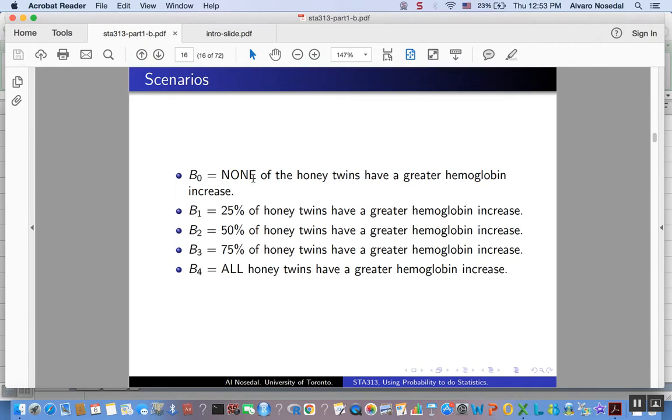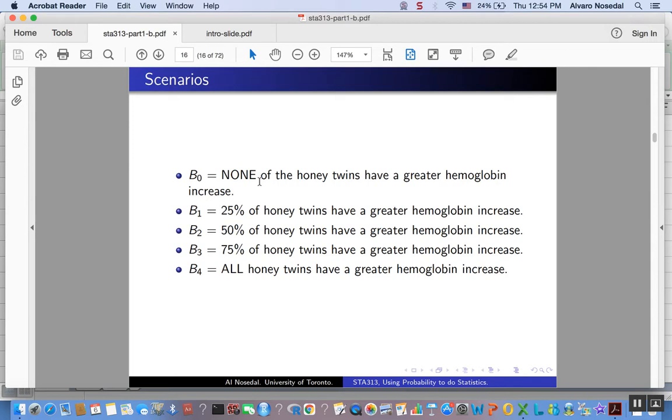Each of these represents a scenario that could be identified by the proportion of honey twins that see an increase in hemoglobin, a greater increase than the control group.